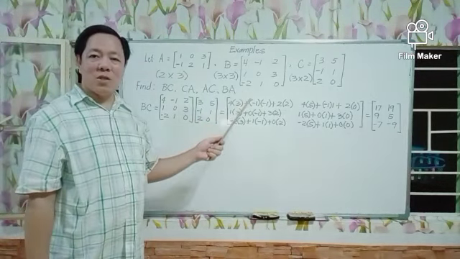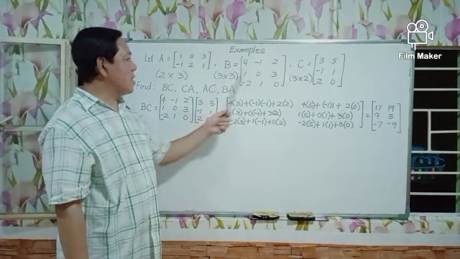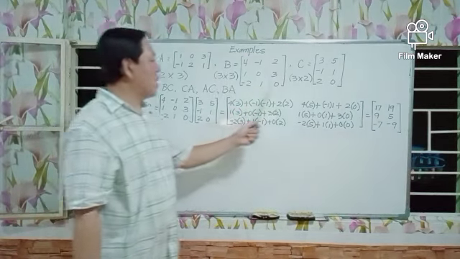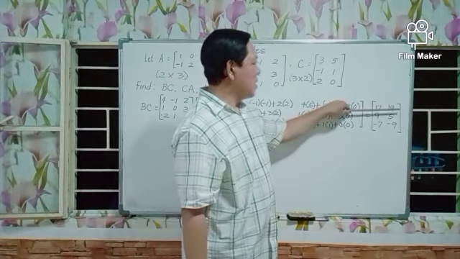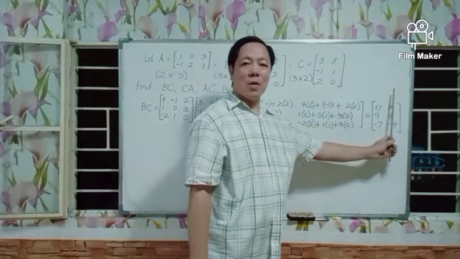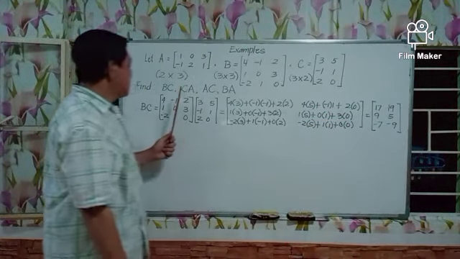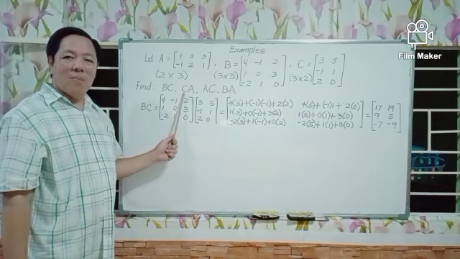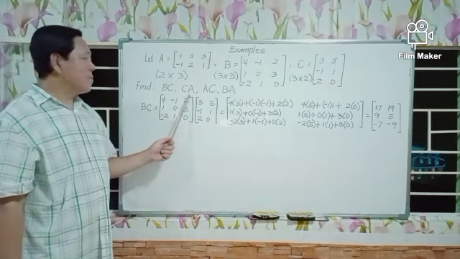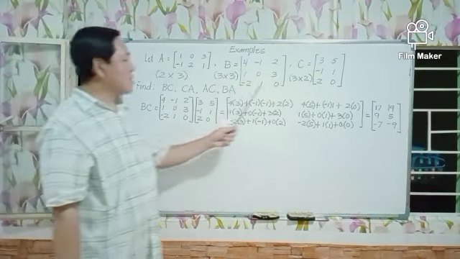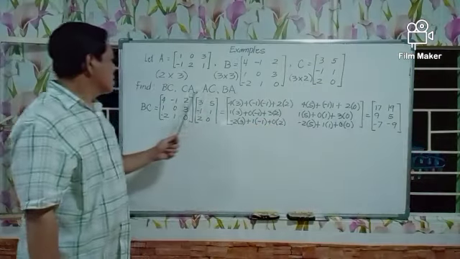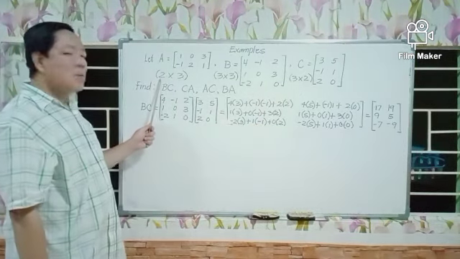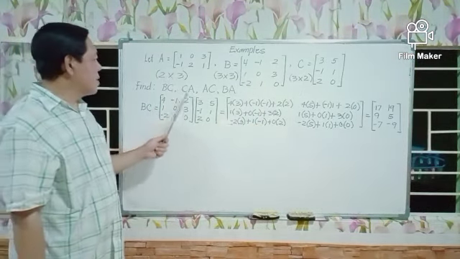And we check the shape, the size of the product. BC should be 3 by 2, and we have 3 rows and 2 columns. Now we find the product of matrices C and A. Matrix C is a 3 by 2 matrix. Matrix A is a 2 by 3 matrix.